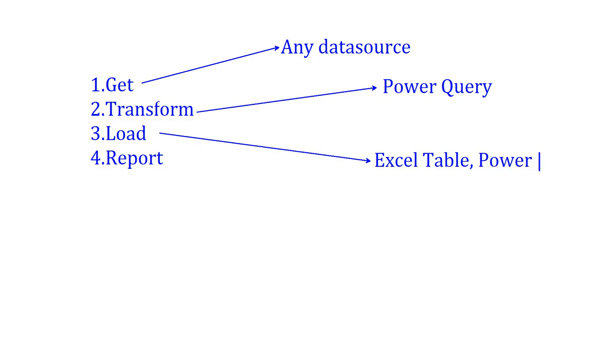Two methods are possibly available. One is you can load it to an Excel table. Second one is you can load it in a Power Query table also. We'll see both. Then a report. Where are we going to make a report? Of course, உங்களுக்கு தெரியும் நேத்துல இருந்தே நம்ம report தான் பண்ணிட்டு இருக்கோம். We are going to create a report using pivot or Power Pivot.